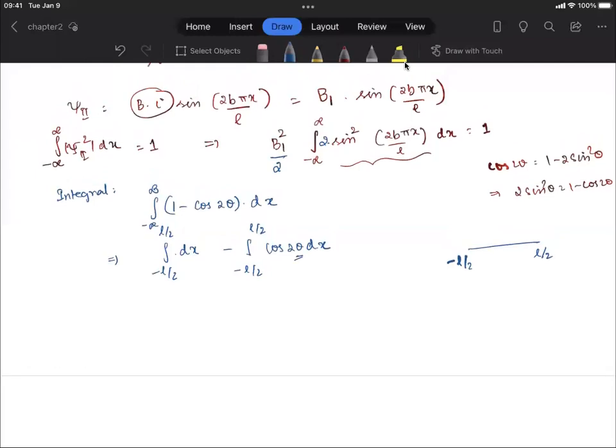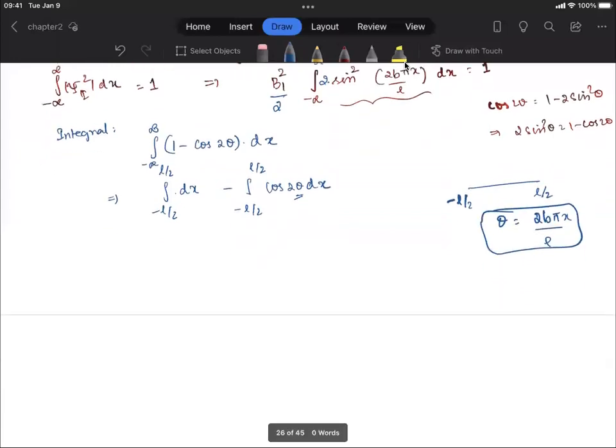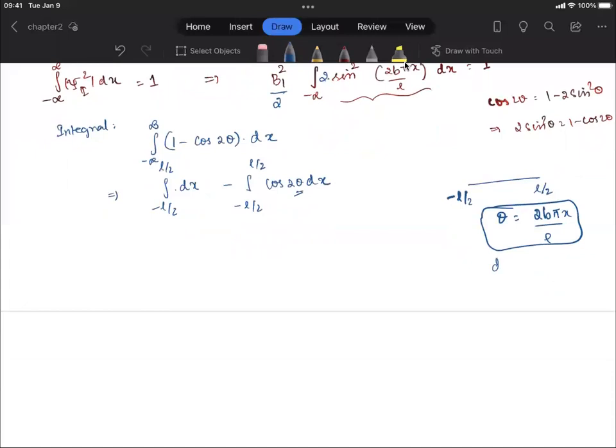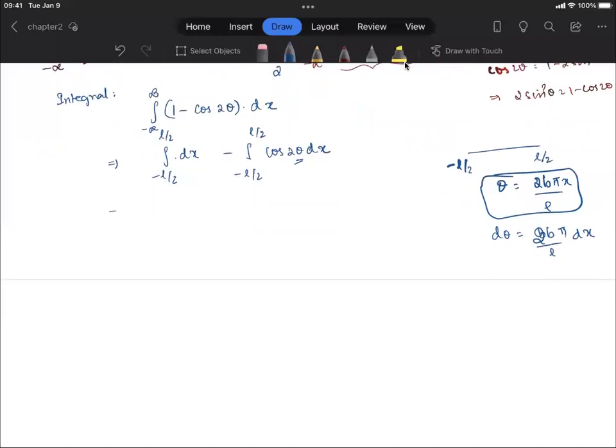And the theta in this case is 2b pi x over L. So d theta is going to be 2b pi over L times dx. Now, integral dx is just going to be x. I'm going to apply the limits.